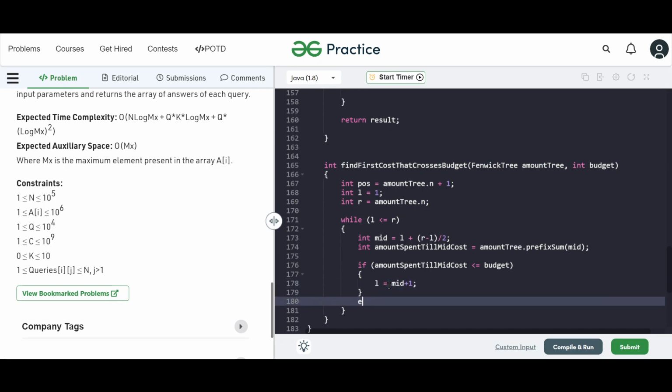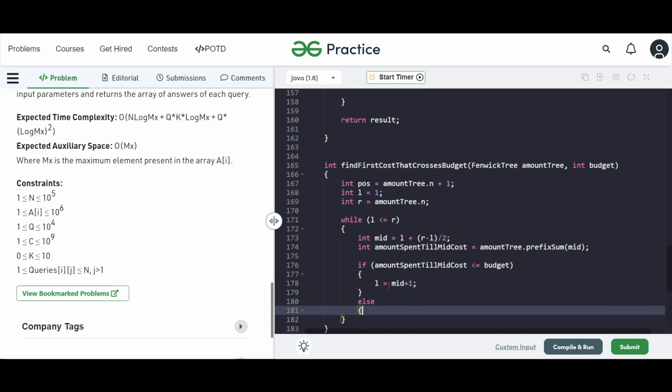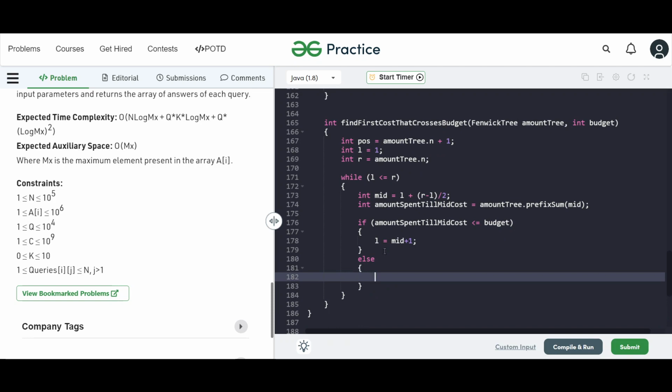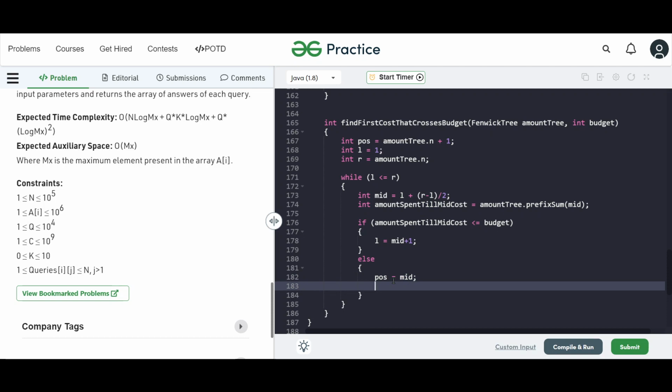Else, what is this block? This means that wherever I am at, this guy actually crosses your budget. But is this the first guy? We don't know. There could be something in the left. So this is one candidate. So let's do candidate, so we'll update this to mid. This is one of the candidates, but it's also possible that something on the left is a better candidate because that's the first guy.